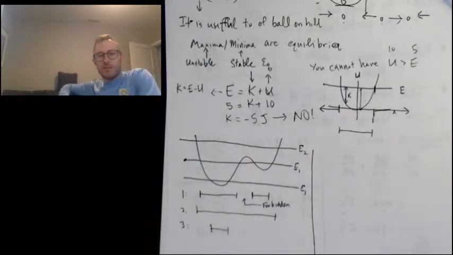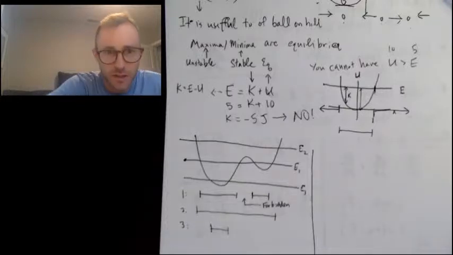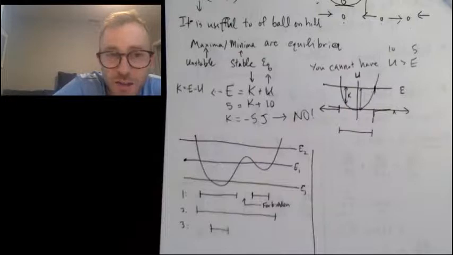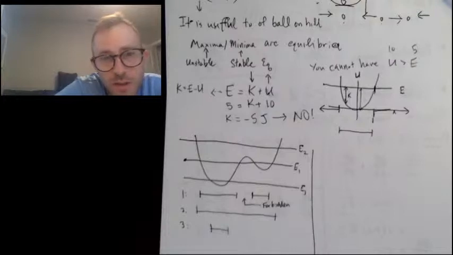And forbidden regions in classical physics, you can never go to the forbidden regions in classical physics. But it turns out that the universe is not 100% described by classical mechanics. A more accurate theory of nature is the theory of quantum mechanics. And quantum mechanics actually has something really interesting that can occur.